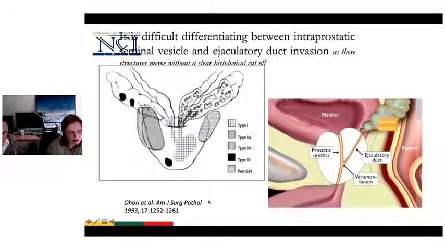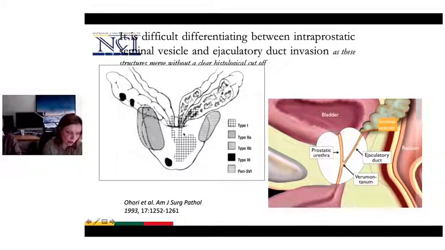And sometimes the insertion of seminal vesicles into the prostate is very low, and then it is difficult to say where it's starting, especially with cancer in the base of the prostate. In case of seminal vesicle involvement, we have T3b disease, and it's also very important to mention it in your report if you see it.